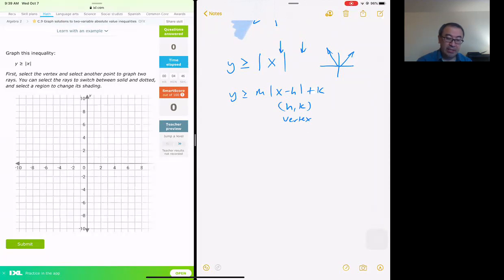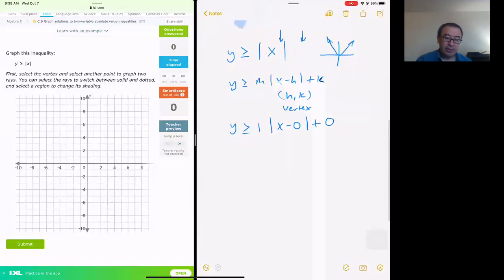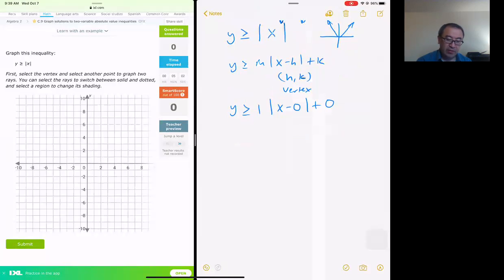And my m is an invisible 1, just like when we were graphing lines before. So we can rewrite this as 1 times the absolute value of x minus 0, plus 0. If you look at it in this form, our h value is 0, our k value is 0, and our m value is 1.